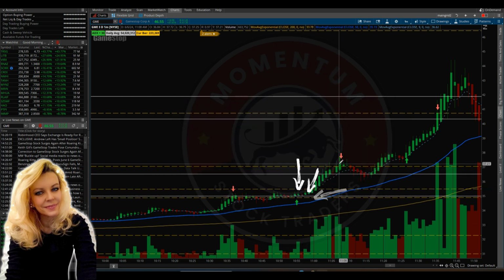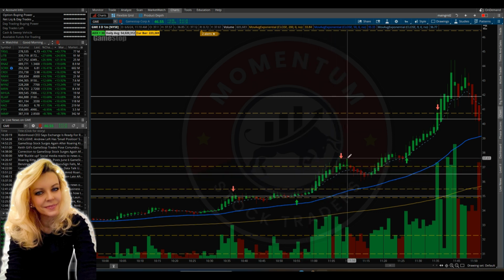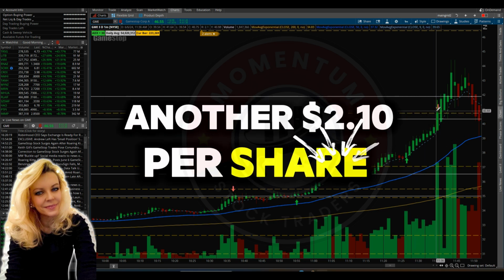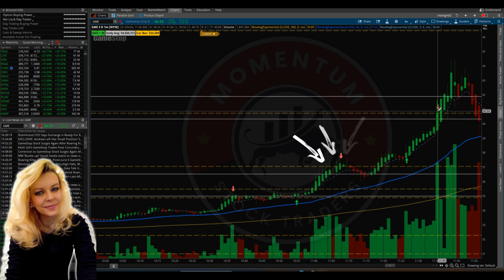Really, I don't see any reason to sell at this yellow line. So you can just use the 9 EMA as your stop loss and follow the trend all the way up through the wonky line, all the way to your next yellow target line right here. And boom, you sell there and you made another $2.10 per share profit. And that was your second trade for the day on GME.